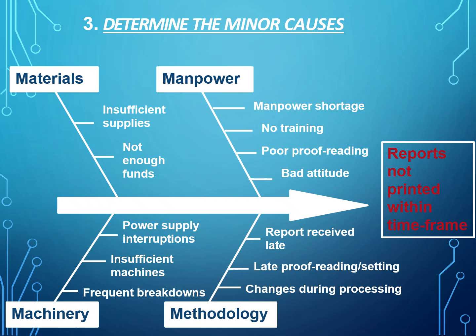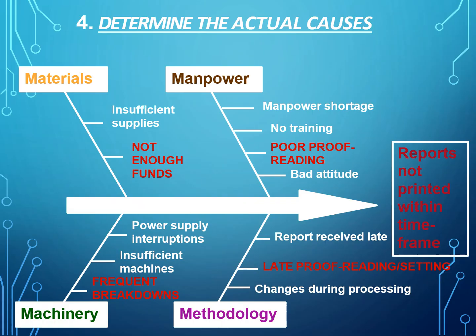After evaluating, we need to pinpoint the actual causes. The fourth step is to determine the actual causes. In this specific example, we might conclude that the actual causes are poor proofreading, frequent breakdowns, late proofreading and setting, and not enough funds.